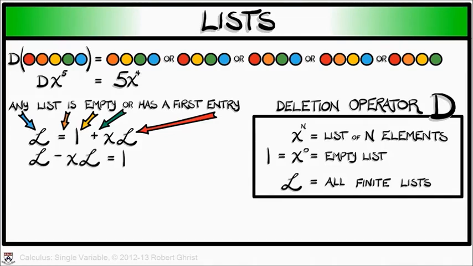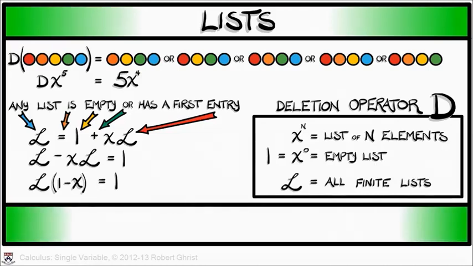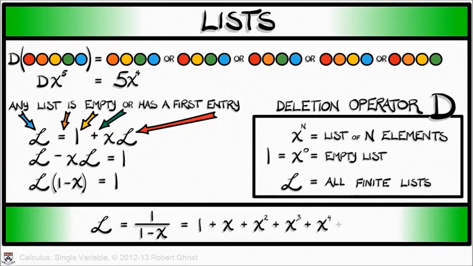If we move all of the L terms over to one side and factor out that L, what happens when we solve for L and get an expression for all finite lists? Well, as you can clearly see, L is 1 over 1 minus X. What in the world does that mean? Well, we know what 1 over 1 minus X really is in terms of the geometric series.